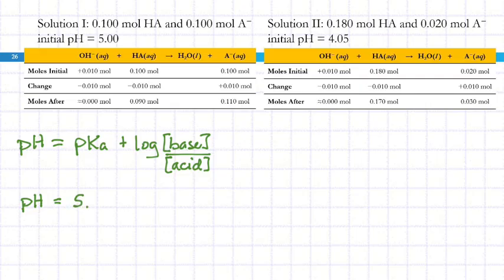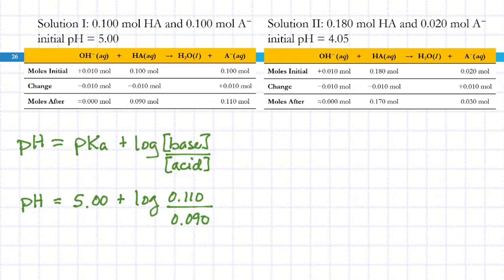So pH is 5.0 plus the log. We want to use molarity here. You don't always have to use molarity, but it's just safer. So using molarity, this is the moles, and it was a 1 liter solution, so it's the same number. So the HA is 0.09 molar, and the A minus is 0.110 molar.